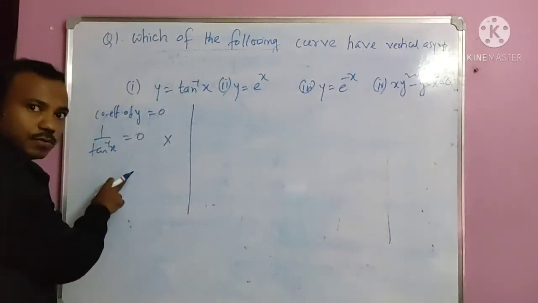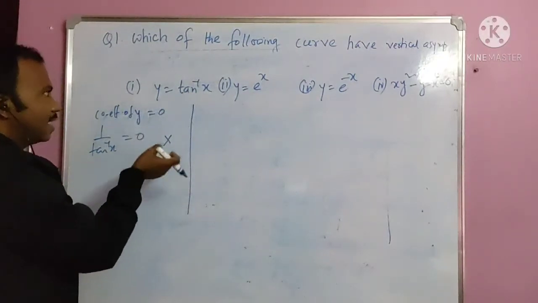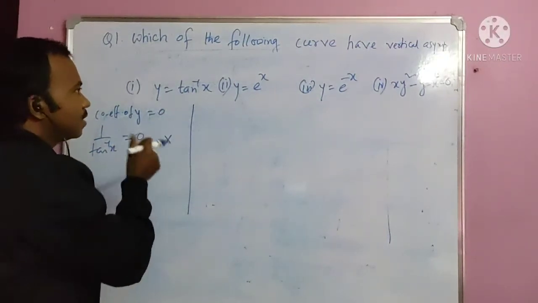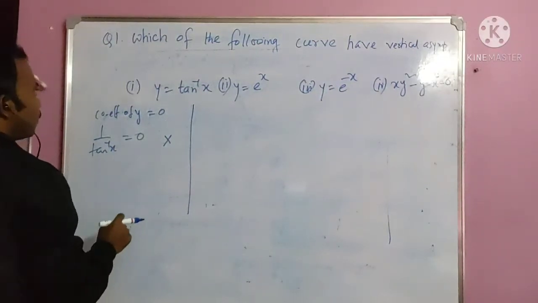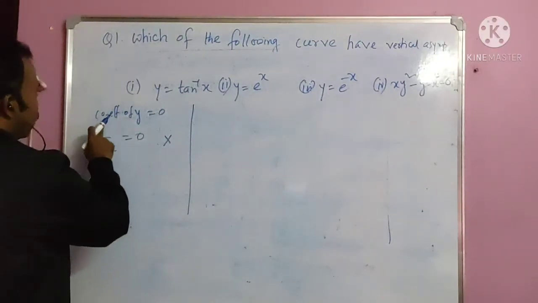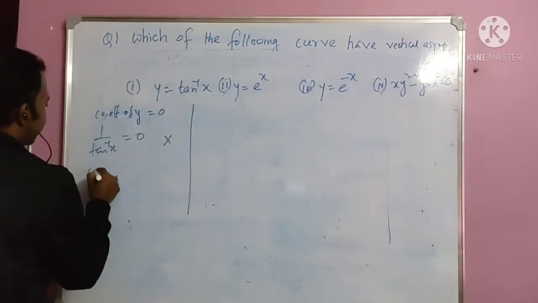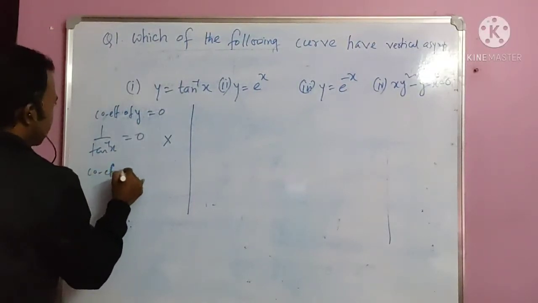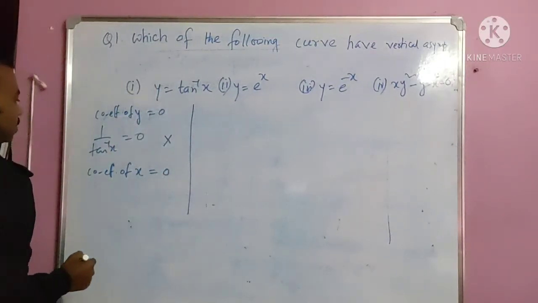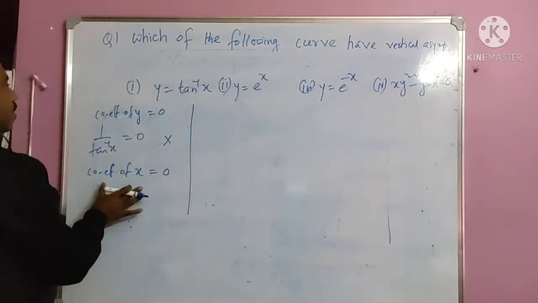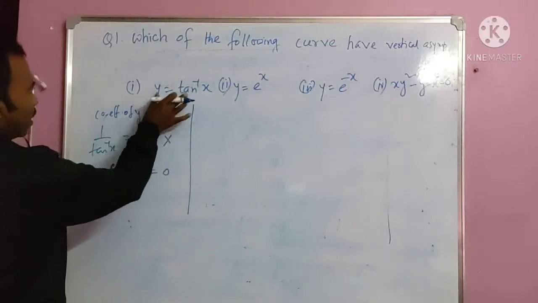I'm not doing the other portions. You can just go a little back, I have calculated. Okay, now the coefficient of x equals 0. How to solve? Coefficient of x is 1 by tan y.